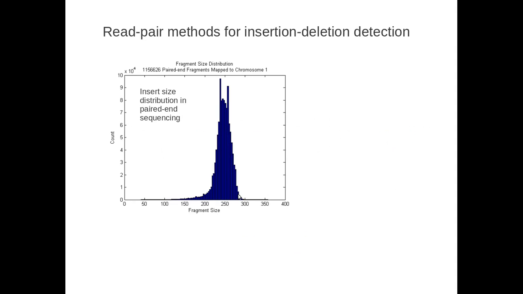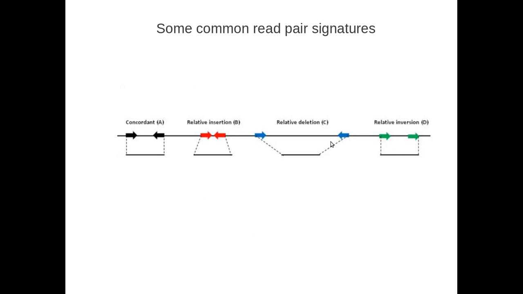So in this distribution, we would expect like 95% of the reads to map to roughly 100 to 125 base pairs apart. But imagine now that they are mapping to be 500 or so bases apart, and what that is evidence of is a deletion in the sample relative to the reference. So the reference has an inserted allele, the sample has a deleted allele.